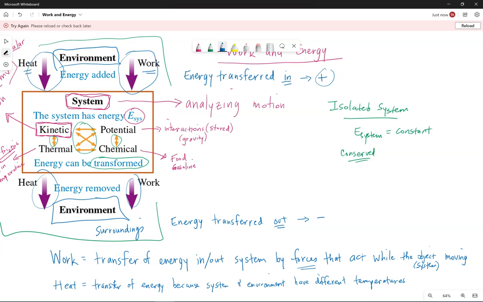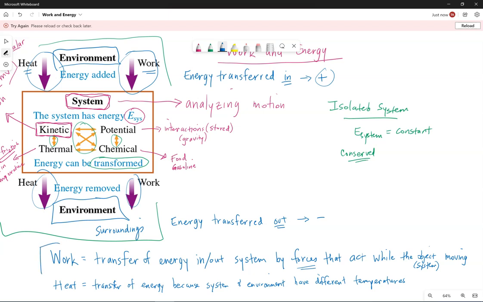So you have your cup of coffee, it's too hot to drink, you let it sit for a while and come back to drink it. It has cooled off a little bit. That is an example of heat. Some of the energy transfers out of the system, which is the cup of coffee, and goes into the environment, meaning the air within the room.